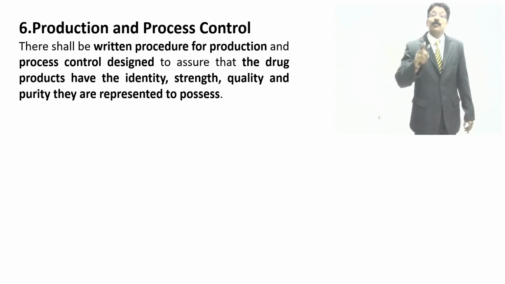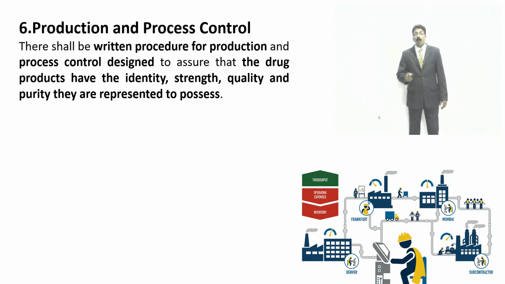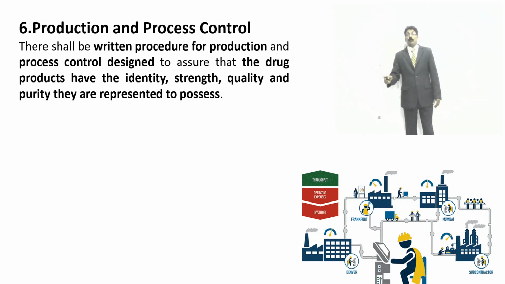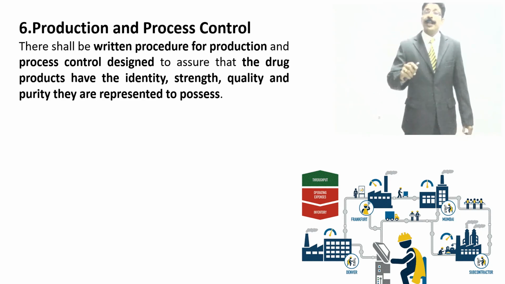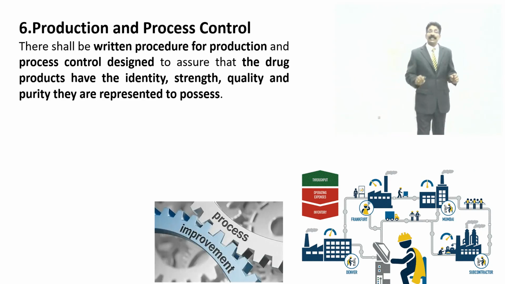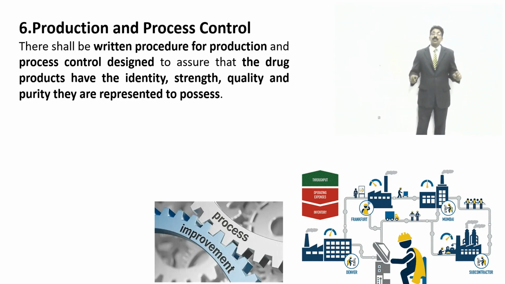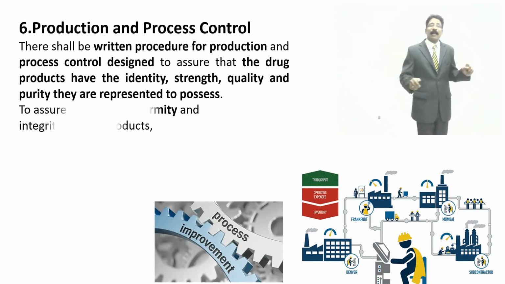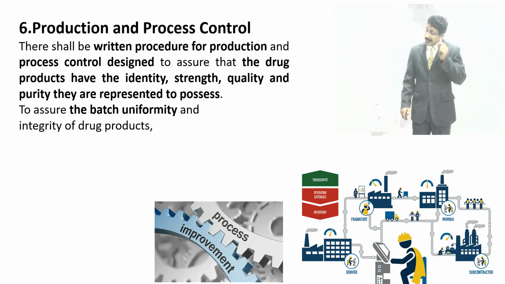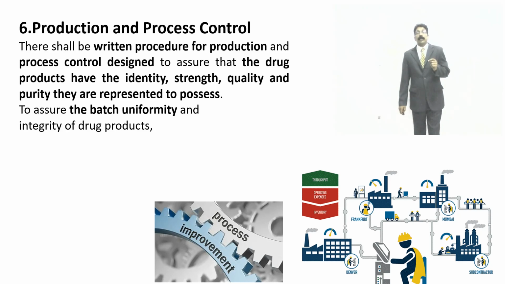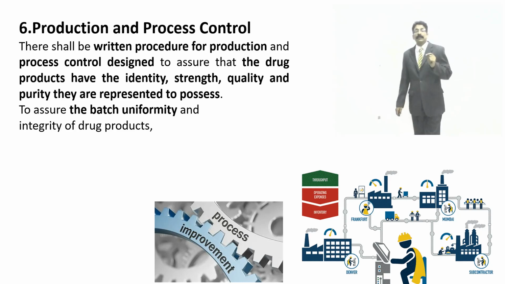represented to possess. So you can have a process, you can have an SOP, you can have the process sector according to the standard procedure which has been given, which will give you the improvement of the process according to the good manufacturing practice, to assure the batch uniformity and the integrity of the drug product can be maintained by means of having a good manufacturing practice.